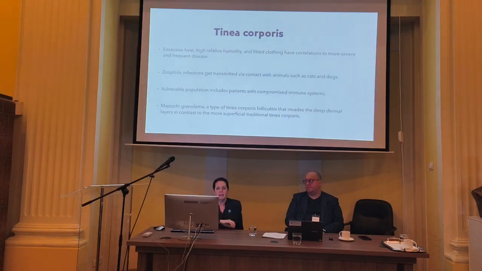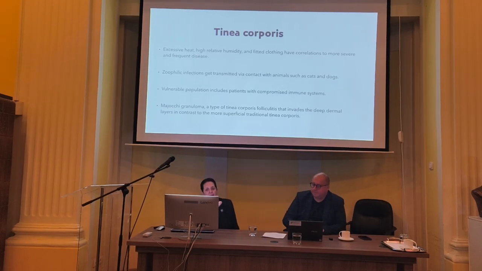Tinea corporis. What are the conditions that facilitate this kind of infection? Of course, excessive heat, humid, warm, and dark. That's what fungus really likes. So if we have heat, humidity, clothing, that means dark, extremely good conditions for the fungus to grow.